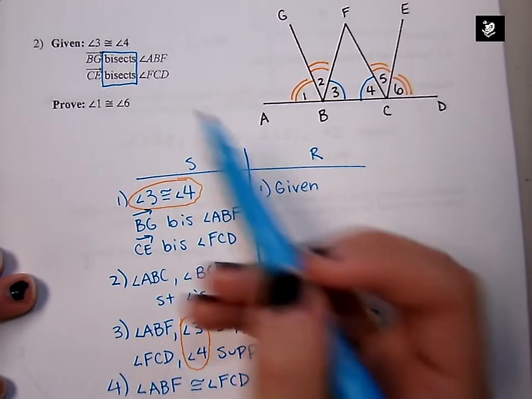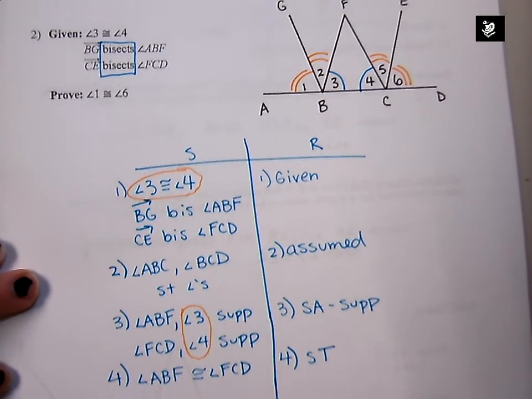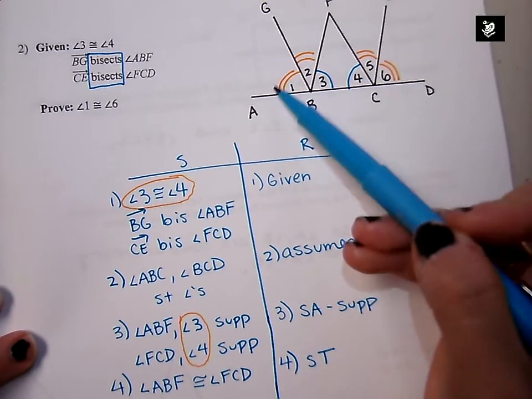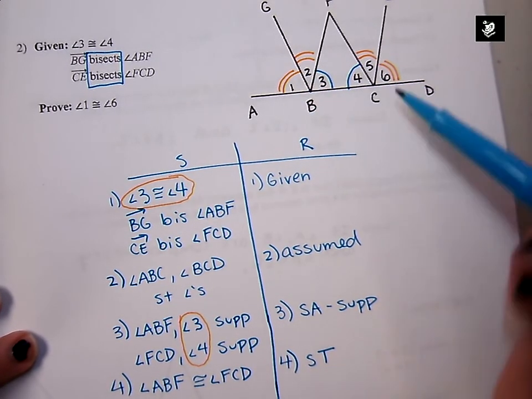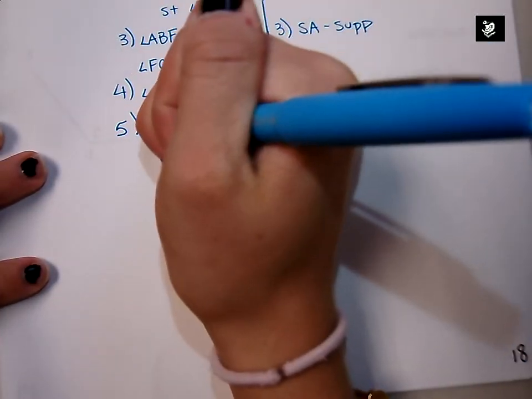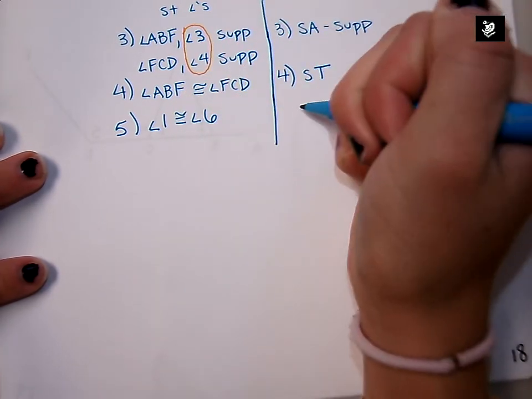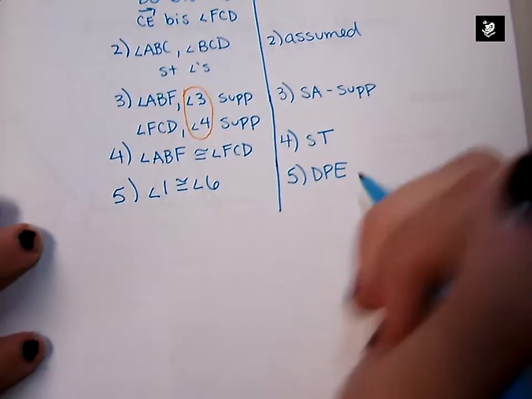So because I've got that double use of the word bisects, I can therefore state that since the 2 angles are congruent, their multiples are congruent, or their divisions are congruent. So that's going to be my last step. Angle 1 is congruent to angle 6, and that's because of DPE, because we're getting smaller this time.